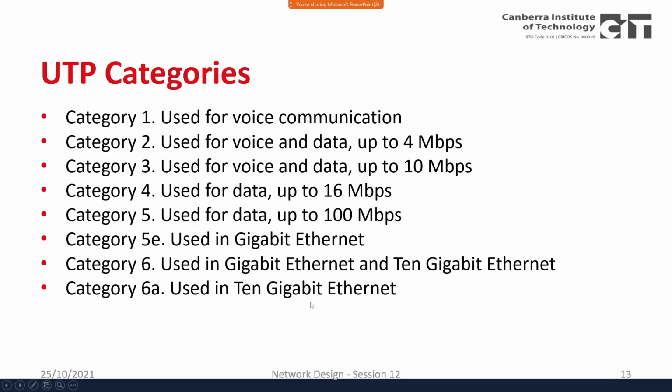Category 5 is one of the most used ones nowadays, up to 100 megabits per second. All right. For most of the categories, guys, there is actually a range as well. With all the Ethernet cables up to category 6, the recommended range is up to 100 meters.